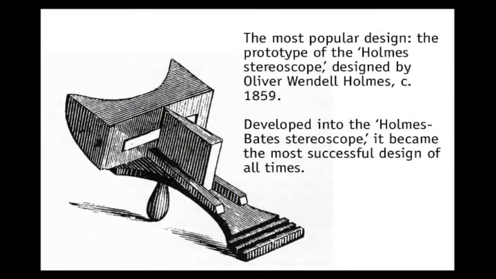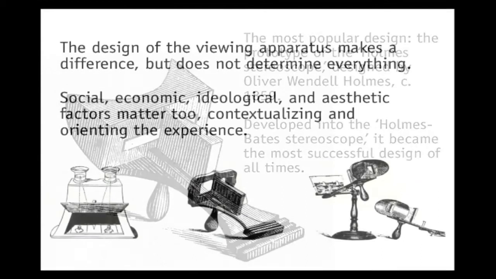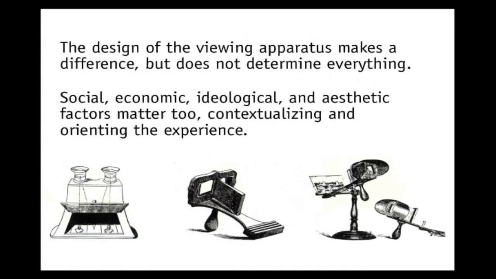But it's also interesting that the model which really made the absolute breakthrough, also down the social scale, so that many immigrant and working class families by the end of the 19th century also had their own stereoscopes and viewers, was the so-called Holmes-Bates viewer that you see on the right.